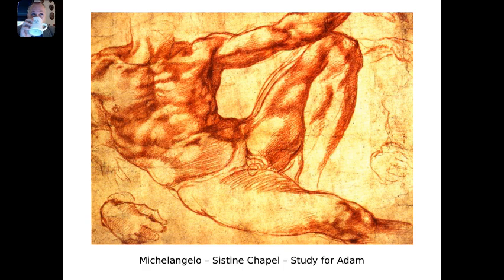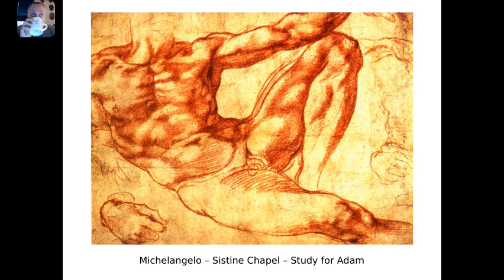Quite different from previous methods of drawing where we just outline the figure and then fill it in. Here, every muscle, every tendon, every sinew just builds up very gradually, very subtly, in order to capture every nuance of the human form.